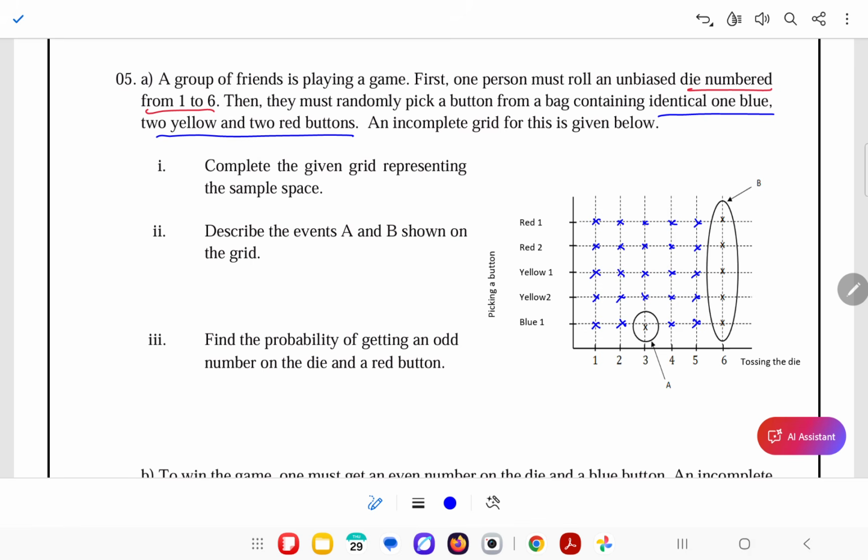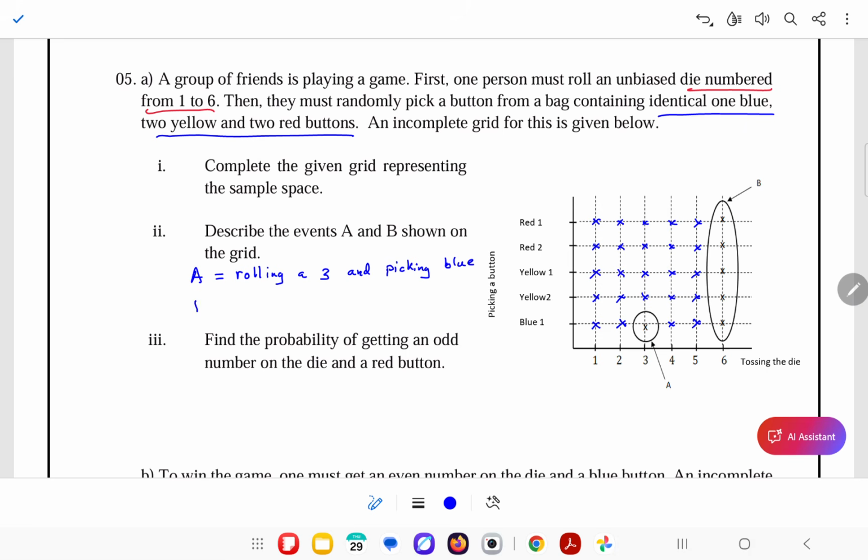Describe the events A and B shown in the grid. A is rolling a 3 and picking a blue one. So A is rolling a 3 and picking blue. Right.